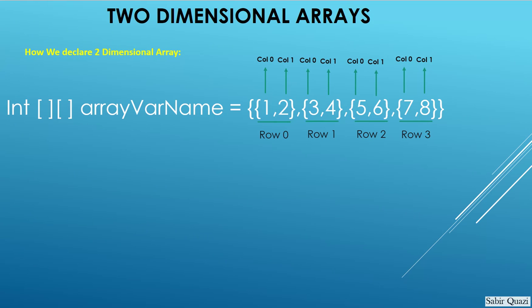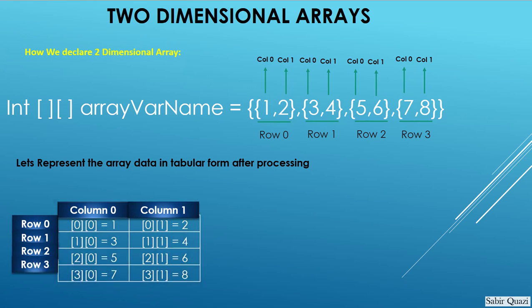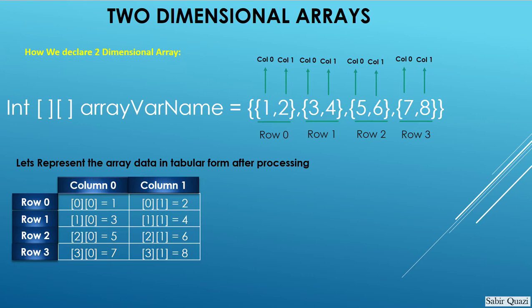So we can convert this into a table. Let's represent this array in tabular form. What happens when we process this two-dimensional array? This is the table.